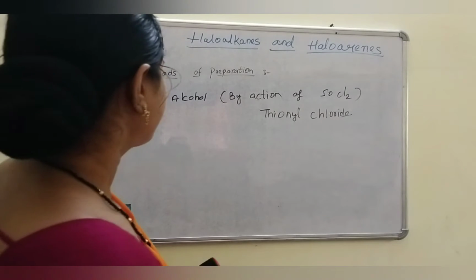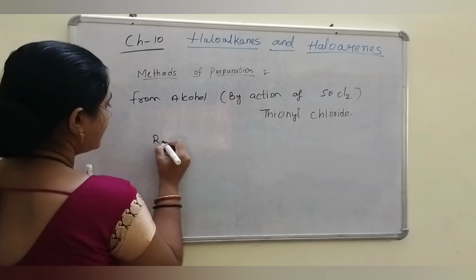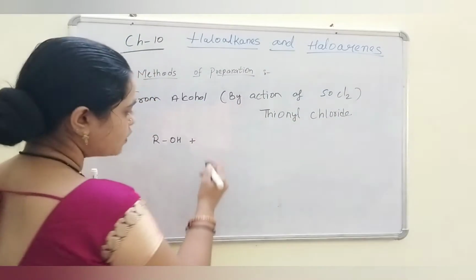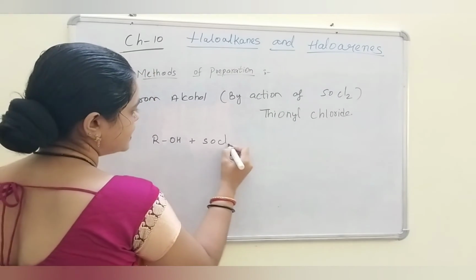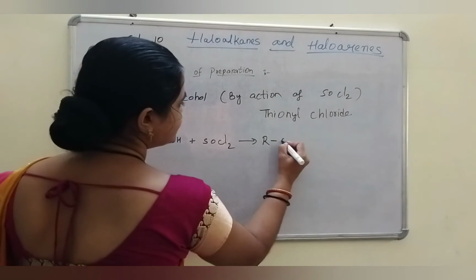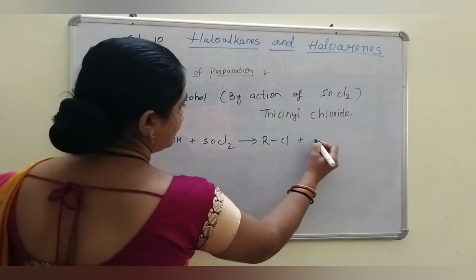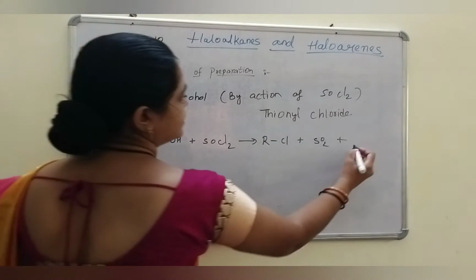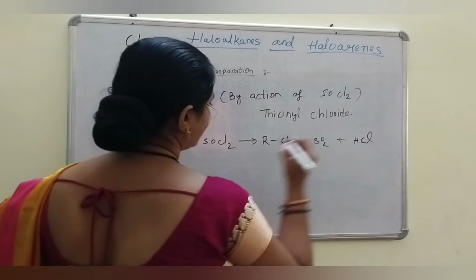When alcohols are treated with thionyl chloride, they form corresponding alkyl halides, SO2 plus HCl.